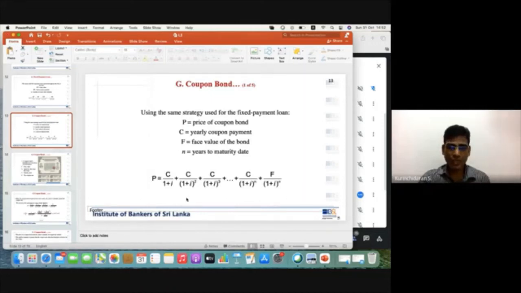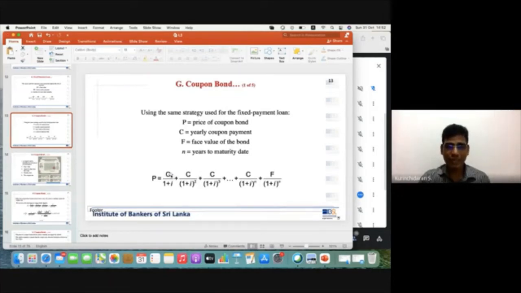If you see this formula I just explained, P is the price of the coupon bond. If you buy a coupon bond paying 100 rupees, the 100 is the price of your bond. In the real world coupons are biannual, but this is an annual coupon.